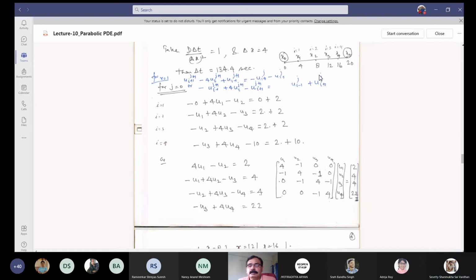Done, sir. Right, then you take j equal to 1, and first you put j equal to 1. Then you write for i equal to 1. Write down that equation in variable form. Don't put any value.